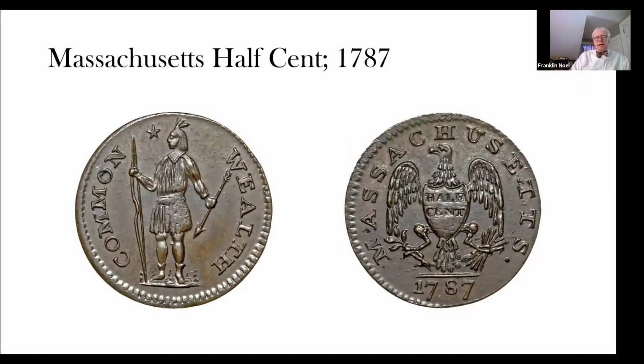The first American half cent was not struck by the United States. It was struck by the Commonwealth of Massachusetts. After the 13 English colonies in America declared their independence, they operated under the loose association created by the Articles of Confederation, under which each state retained the authority to strike its own coins, provided they conformed to the national standard established by the Continental Congress.